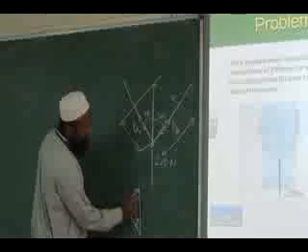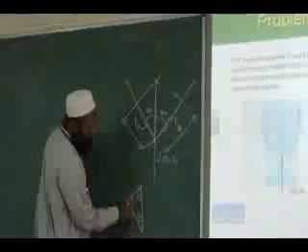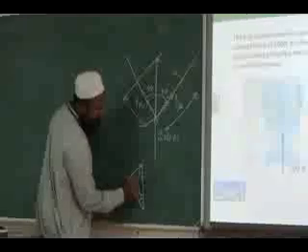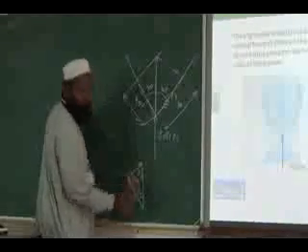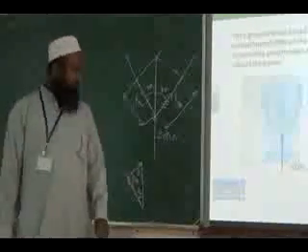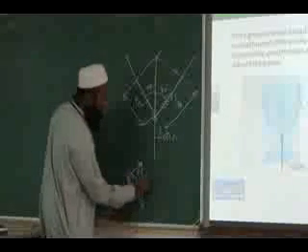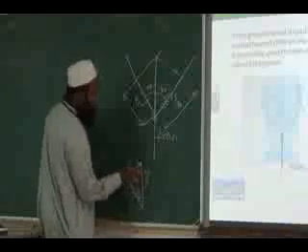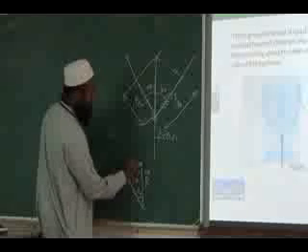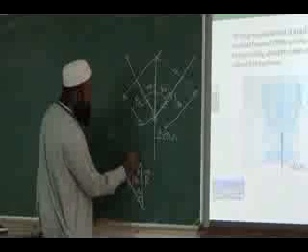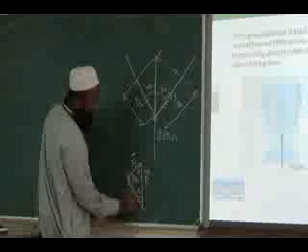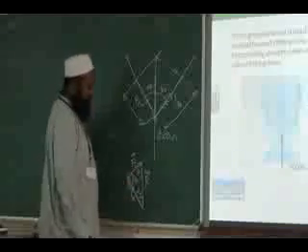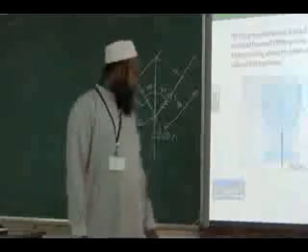This will also be 30 degrees. And this is 180 minus 60, 120 degrees. So we have resultant R, FB, FA.